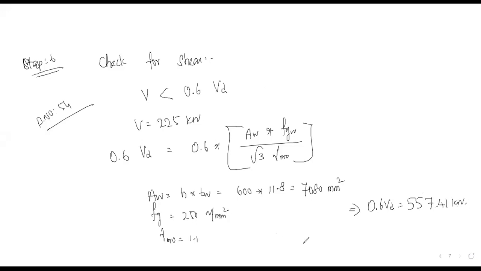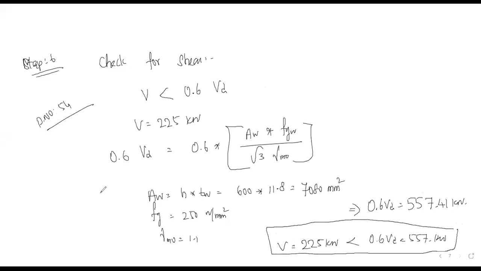The shear force developed due to the load is 225 kilonewton, which should be less than 0.6 times Vd, that is 557 kilonewton. Hence the section is safe in transfer of shear also, hence safe in shear. Thank you all.